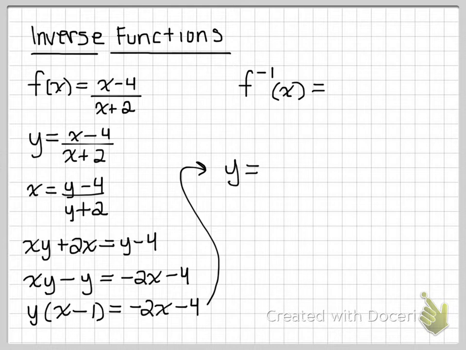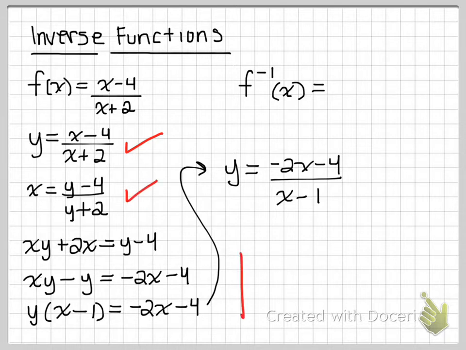Now, I'm just about finished here. Solving for y, I get negative 2x minus 4 over x minus 1. And that is the inverse. Now that I've followed this process, these steps here, so it was substitute y, and then switch x and y, and then solve for y, and now that's the inverse.